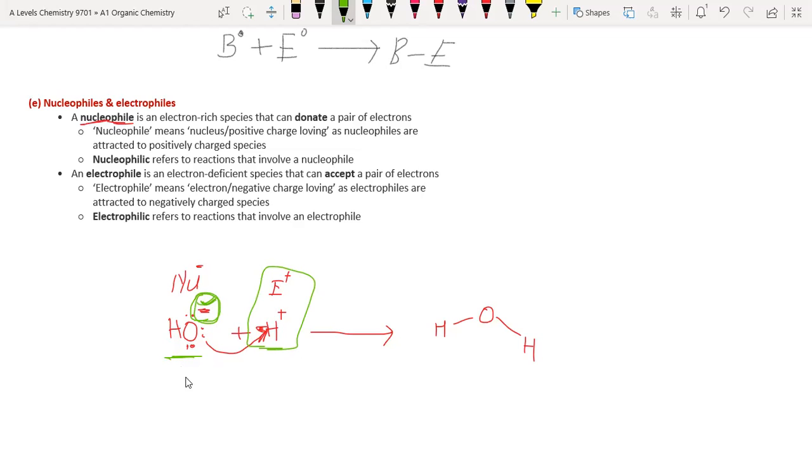So both the OH negative ion and H positive ion combine to form water. This is the reaction between a nucleophile and an electrophile. Electrophilic reactions refer to reactions involving an electrophile.